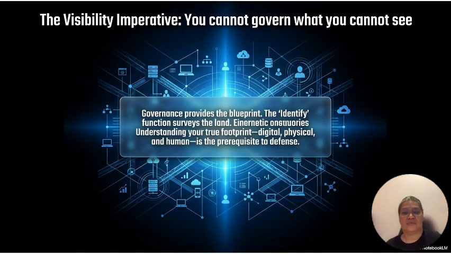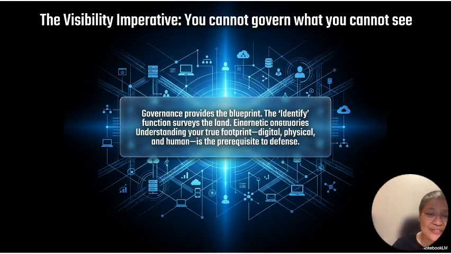So, the next is really about visibility, right? You cannot protect what you can't see, right? You also can't manage or govern what you cannot see. So governance allows you to understand what is the blueprint, right?